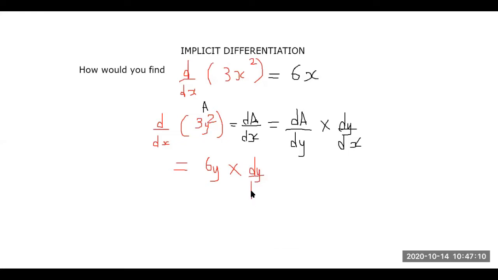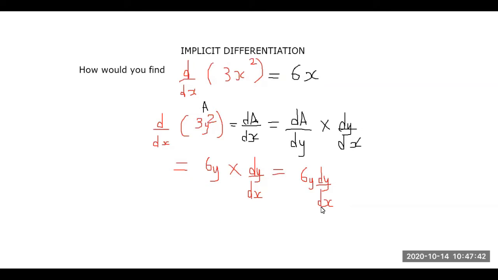So d by dx of 3y squared is 6y dy by dx.